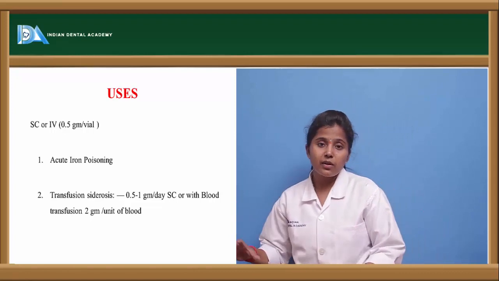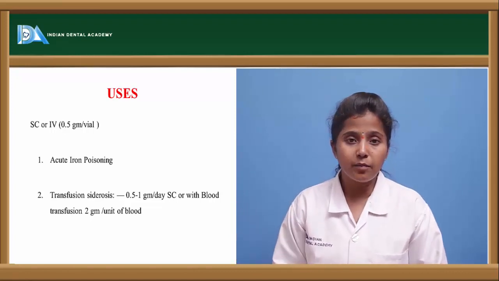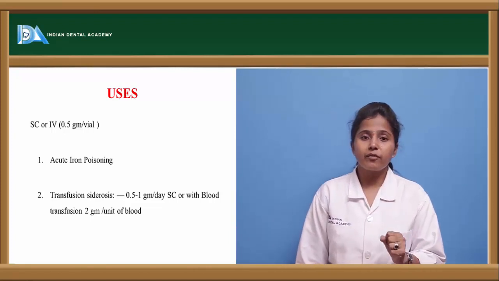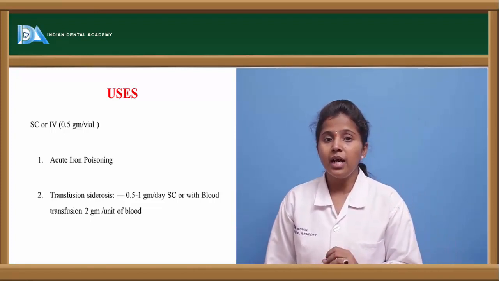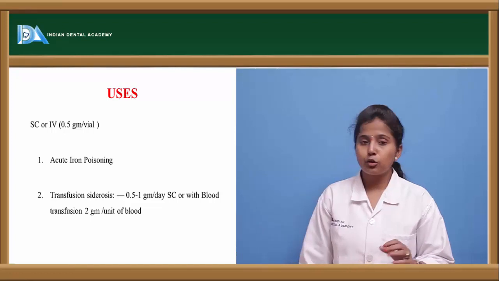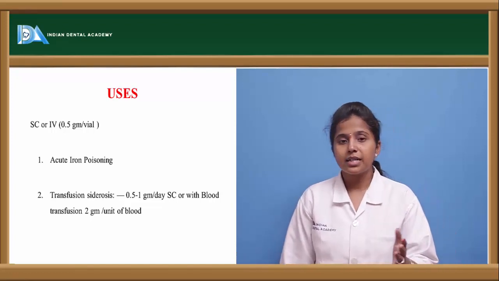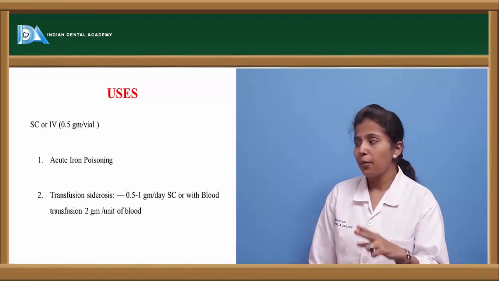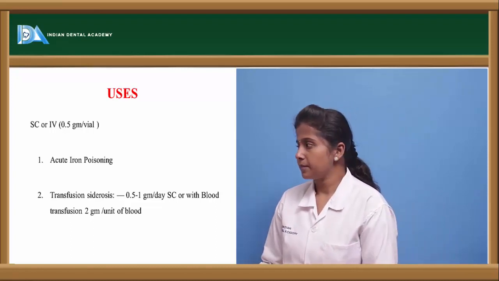So in order to prevent iron poisoning, DESFERRIOXAMINE is recommended in the dose of 0.5 to 1 gram per day through the subcutaneous route, or it is given through the blood transfusion in the dose of 2 grams per unit of blood.